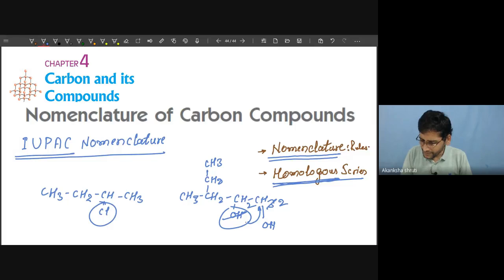So we have to learn about this IUPAC nomenclature. Students, we have learned about it in class 9th also. IUPAC is the International Union of Pure and Applied Chemistry, an organization which tries to make chemistry convenient.